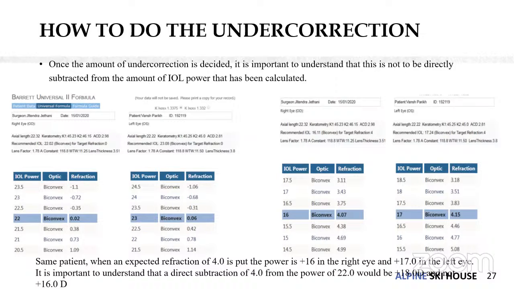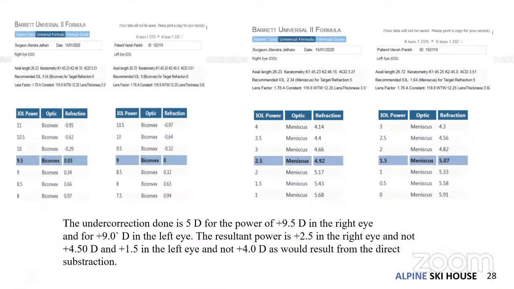Sir, is the same calculation based on this for a myopic patient? Yes, any patient. Basically there are two types of formula. One is where you calculate how much hypermetropia we have to keep after the surgery.